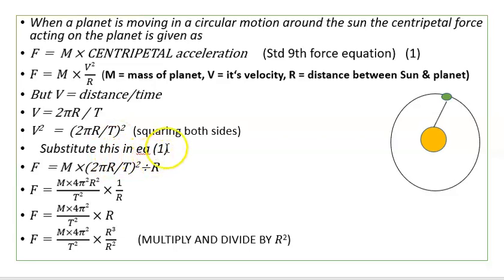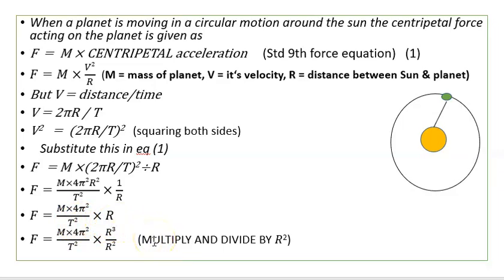Substituting this in equation 1, we get F is equal to m into (2 pi r upon T) square divided by r. Squaring, we get F is equal to m into 4 pi square r square upon T square into 1 upon r. Cancelling the common term r, F is equal to m into 4 pi square upon T square into R.